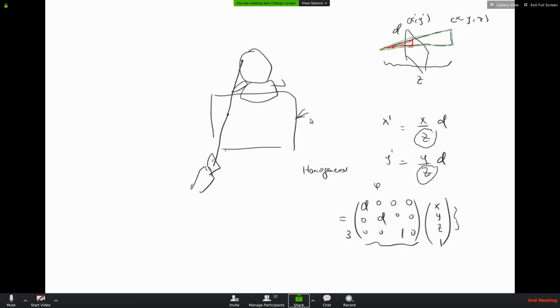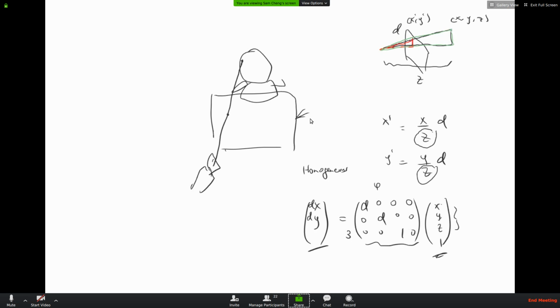So what you see is that if I do a projection like this from this homogeneous coordinate to the 2D homogeneous coordinate, let's see what I have here. It will be dx, right? d times x, and all this is 0. The first one is just dx, and the second one will be just dy, right?